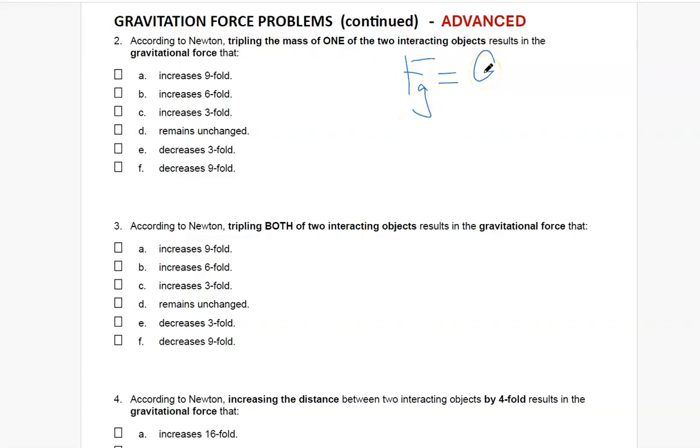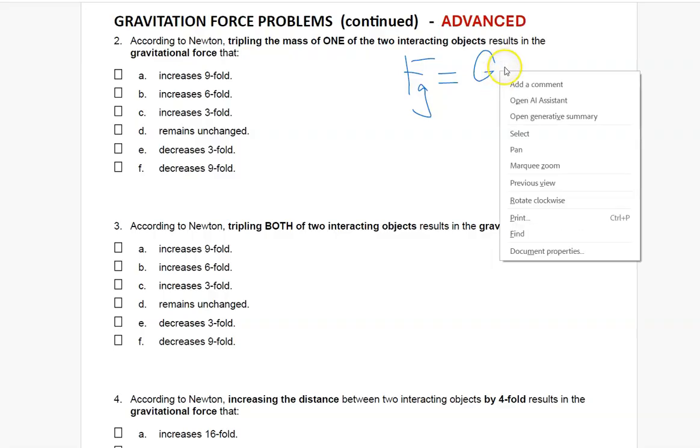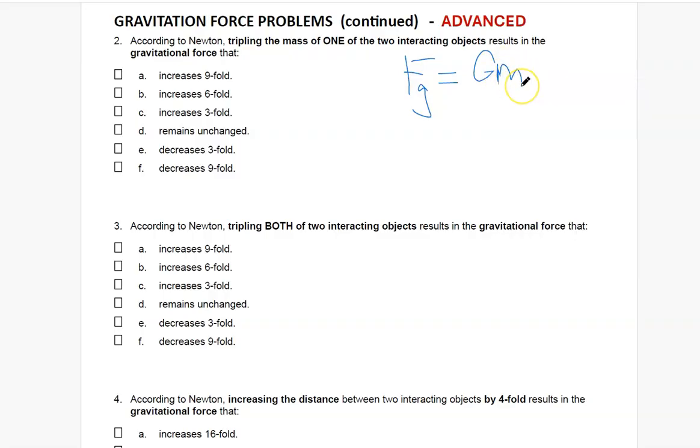So the force of gravitation, or the gravitational force, is equal to a constant, capital G, times the mass of the two objects, mass 1 and mass 2, and that's divided by the distance between the two squared. If you want to use D for distance, that's fine. We tend to use R for distance, and you'll notice R is squared.